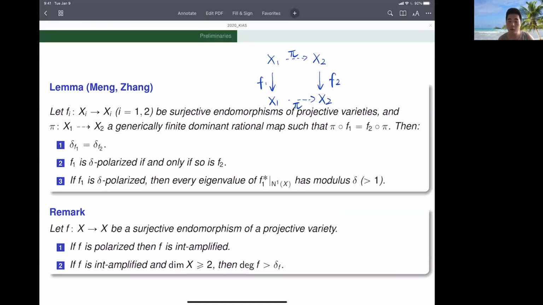This is because all the eigenvalues of f upper star on N1(X) are greater than 1, and the degree of f in some sense is a product of some of the eigenvalues. So in particular, degree of f is greater than 1 of the modulus of the eigenvalue.